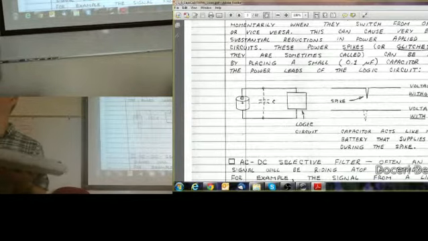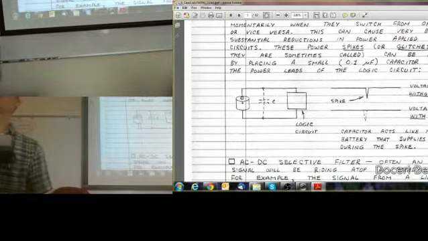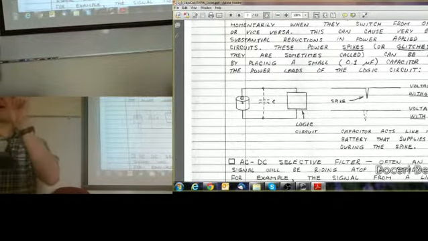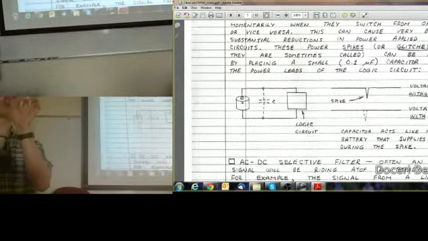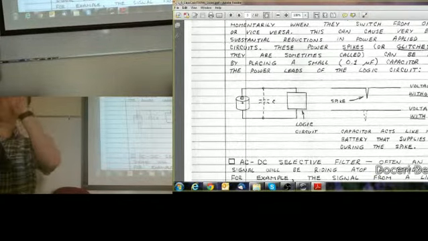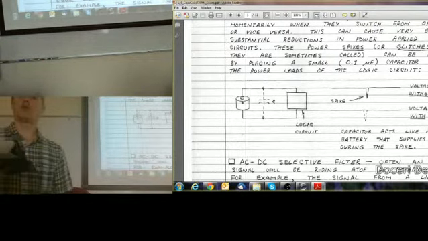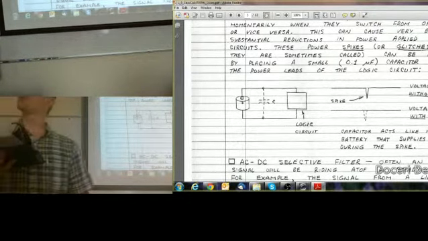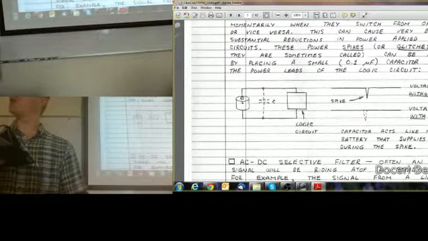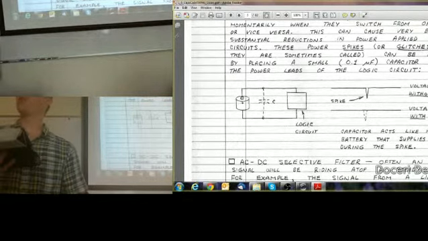If you have a 1 amp spike, and many times when a gate switches you may have a 1 amp spike just for a nanosecond or a microsecond, during that time that would give you what? A 0.1 volt drop.